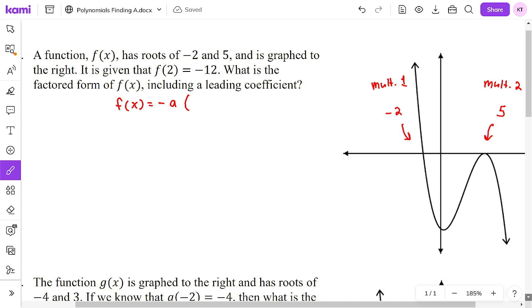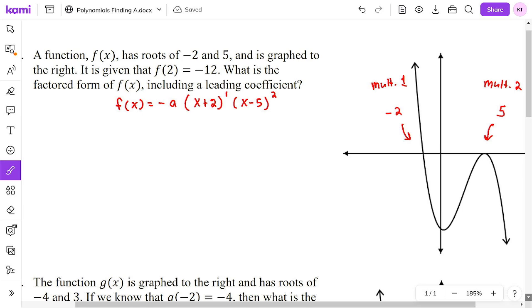So we get our factors from our roots, and the factor for a root of -2 will be x plus 2. And again, because we have a multiplicity of 1, we can go ahead and write a power of 1, or you don't even have to write anything there. And then our second root, which is 5, will be written as x minus 5. And this one has a multiplicity of 2, so we're going to raise that factor to a power of 2.